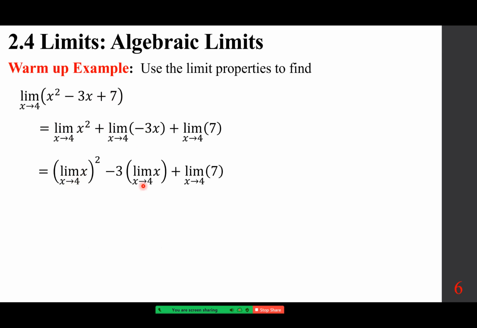Plug in 4. Anytime you have a constant, x approaching 4 or any other number makes no difference, the constant is the answer. Now 4 squared is 16 minus 12, plus 7 is 11.